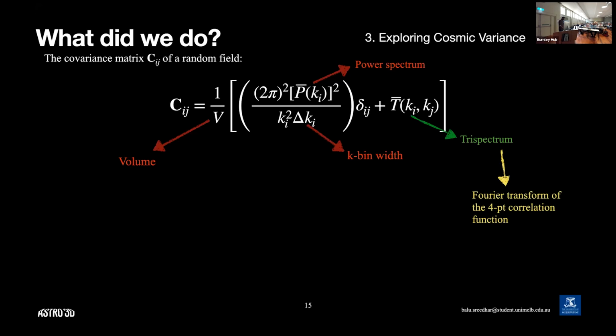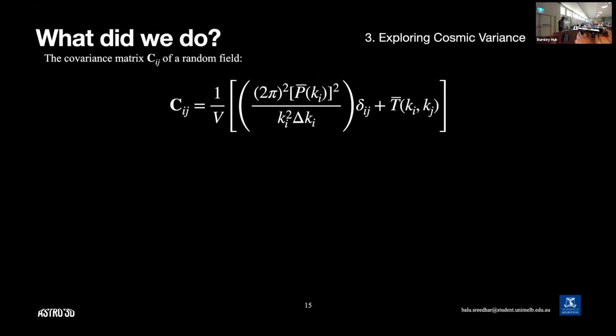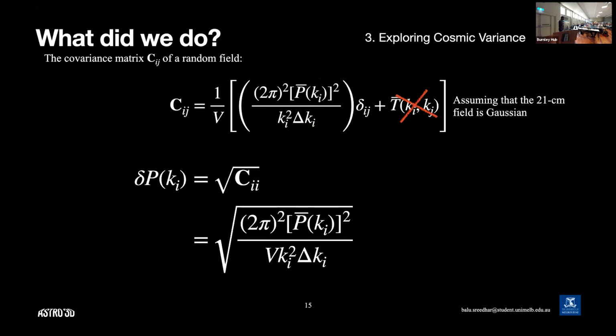Mathematically, you can show that if your field is Gaussian, you only need the 2-point correlation function. Every higher order correlation function can be expressed in terms of the 2-point correlation function, which means the entire information is encoded in the power spectrum. So if I ignore this second term, I'm assuming that the EOR field is Gaussian in nature. When you do that, this matrix becomes a diagonal matrix.